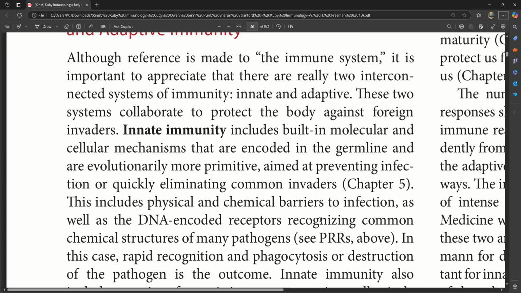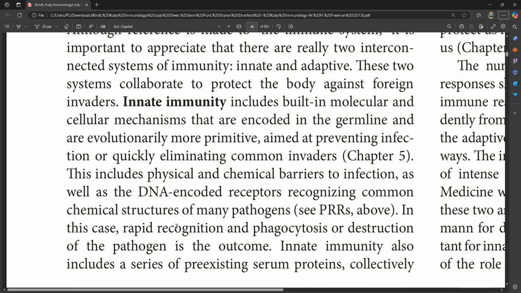This includes physical and chemical barriers to infection, as well as the DNA encoded receptors recognizing common chemical structures of many pathogens. In this case, rapid recognition and phagocytosis or destruction of the pathogen is the outcome.